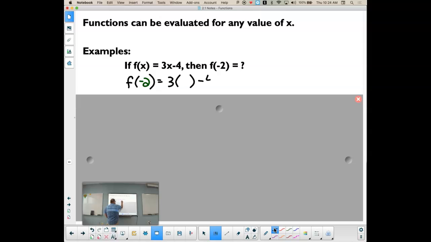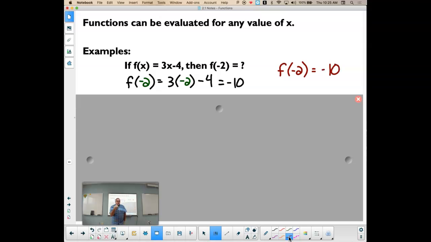I would replace x with -2 in any and all spots. 3 times -2 is -6. -6 minus 4 is -10. So f of -2 is -10.